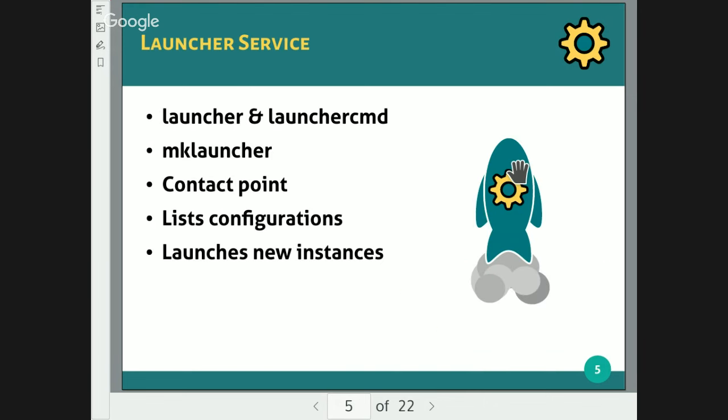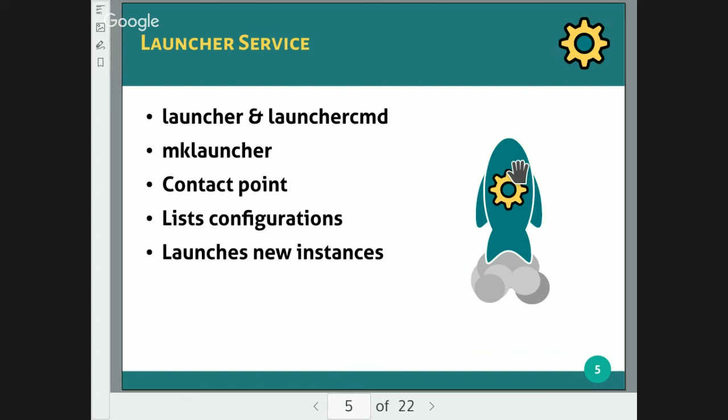So we have the launcher service, which is implemented by mklauncher. It actually uses two services: the launcher service itself, which uses the publish-subscribe network pattern, and the launcher command service, which uses the router-dealer pattern. It is meant to be the first contact point for a possible user interface or client.